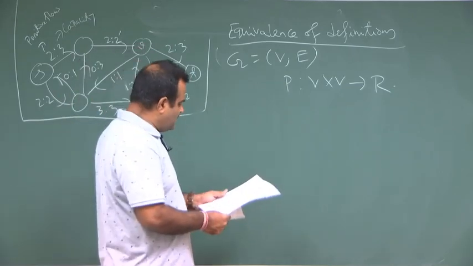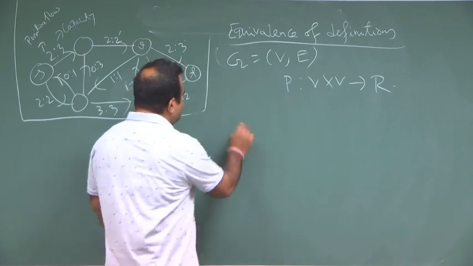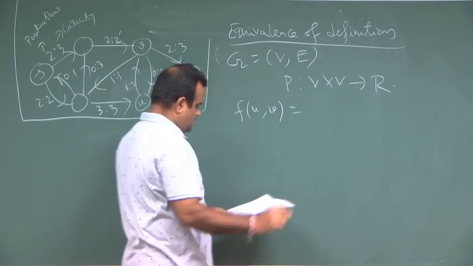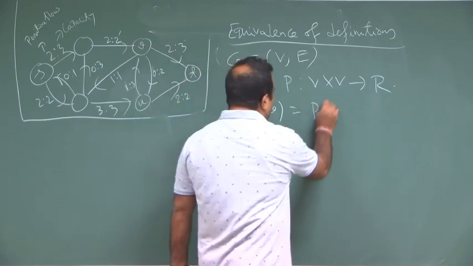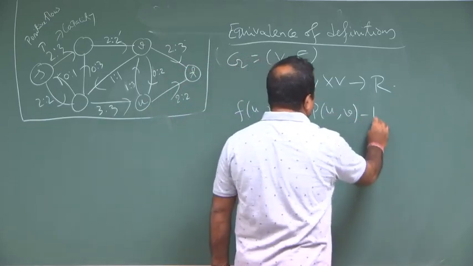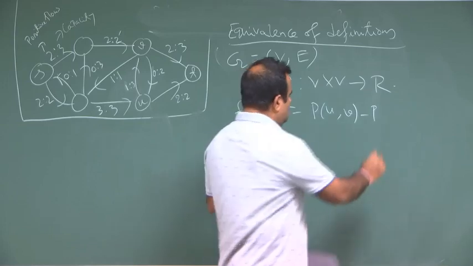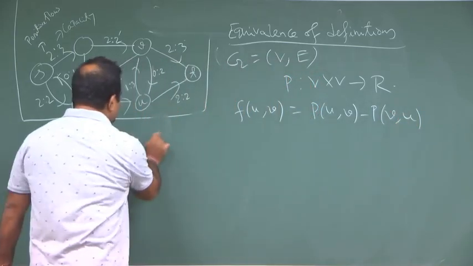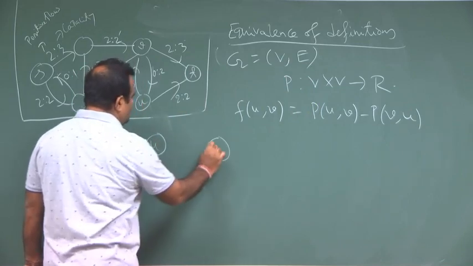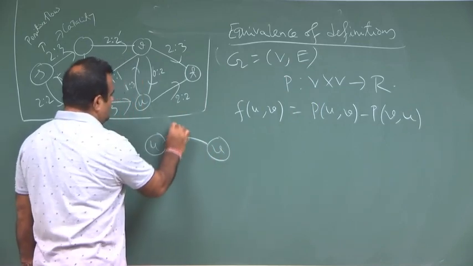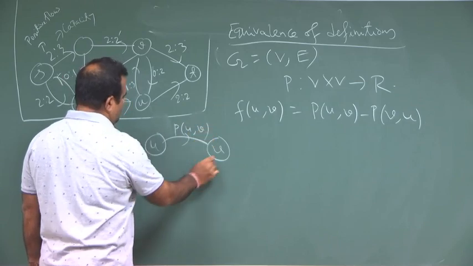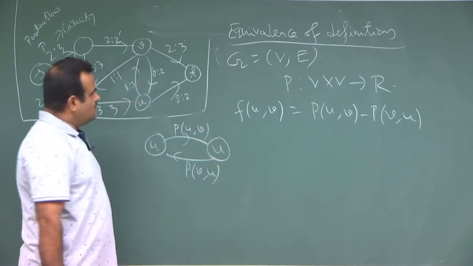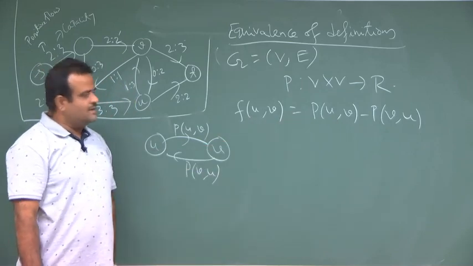So, how to define the net flow? We just define f of u v as p of u v minus p of v u. So, if there are two vertices u and v, this is p of u v, and this is p of v u. We define the net flow this way.